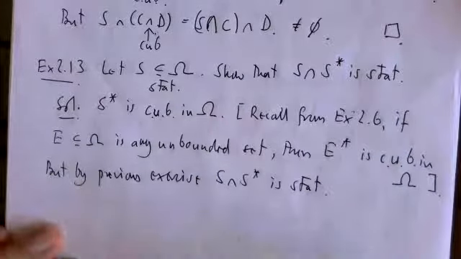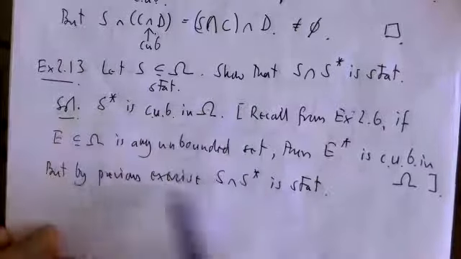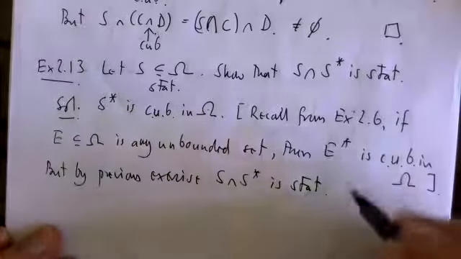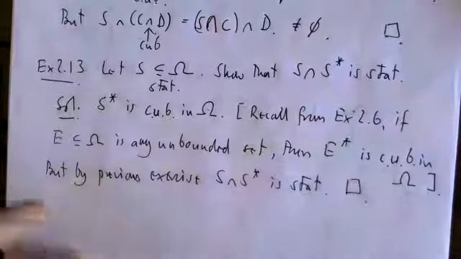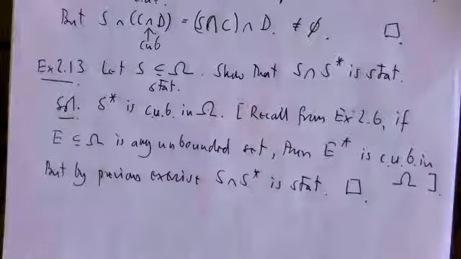So all you have to say is this, and then this, and then you're done. Those are some basic properties of stationary sets, as are 214 and 215 coming up.